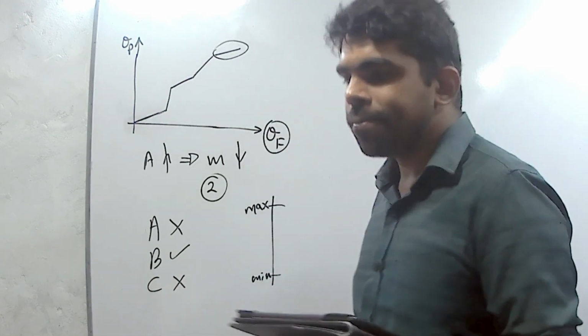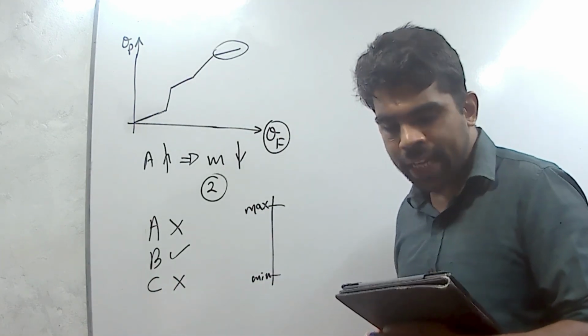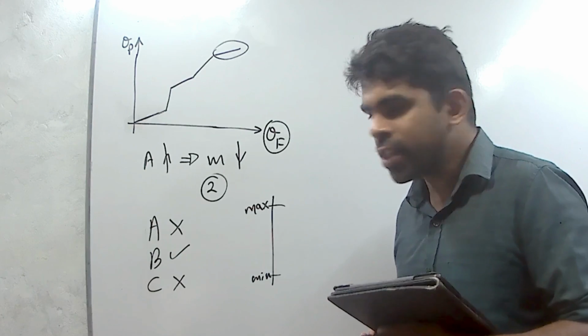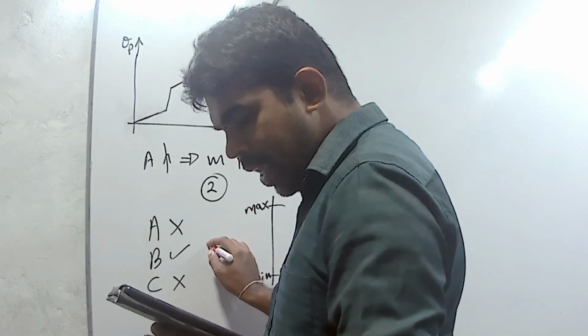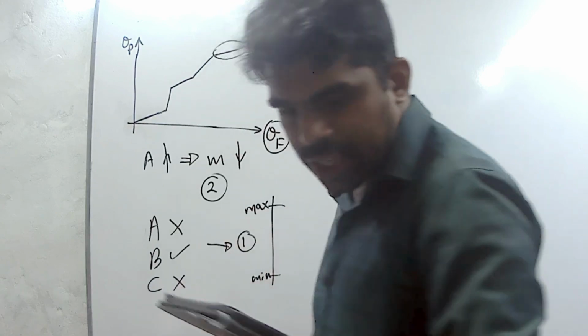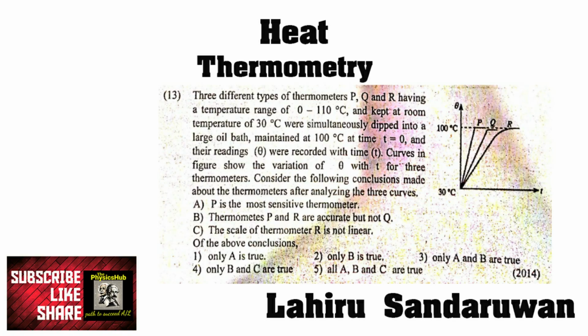When considering a thermometric property like resistance, it is not a linear variation. Then only B is true. Answer is 1.